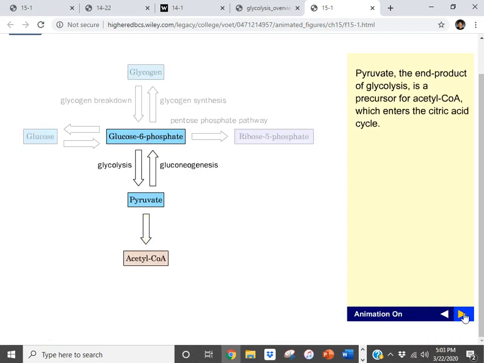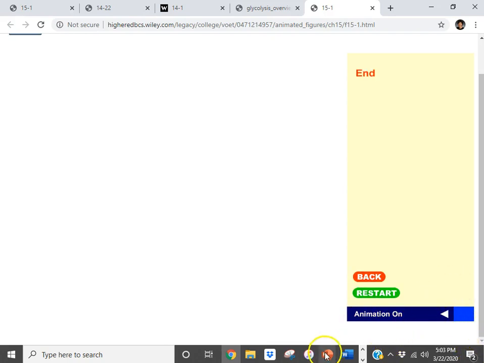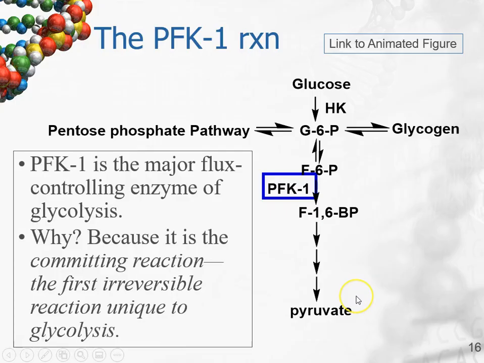All right, and pyruvate, when we're finished with that, will enter the citric acid cycle. And that's the subject for chapter 14. Pyruvate can be converted to amino acids, which we'll talk about in chapter 18, and pyruvate can be converted to lactate, and I'll get to that at the end of this lecture. All right, so let's go back to our slideshow.